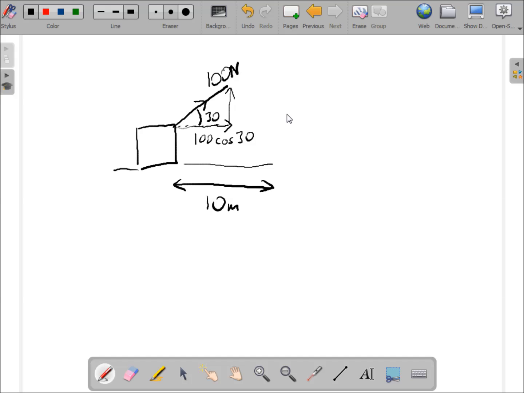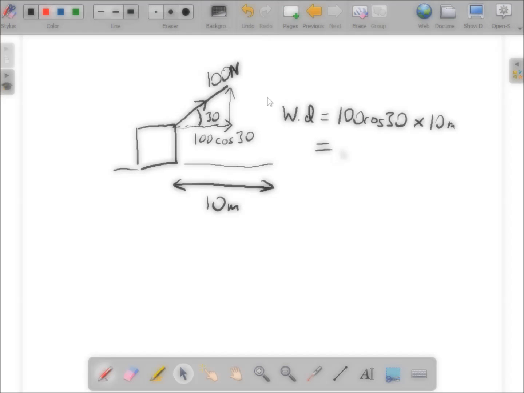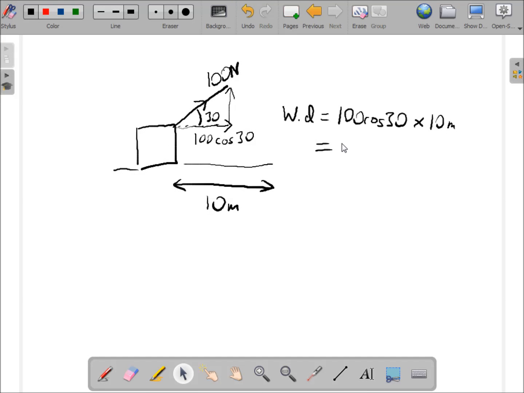So the work done in this situation would be the component of the force in the direction we travelled, 100 cosine 30, times the distance we travelled in that direction, 10 meters, which in this case is going to give us 866 joules.